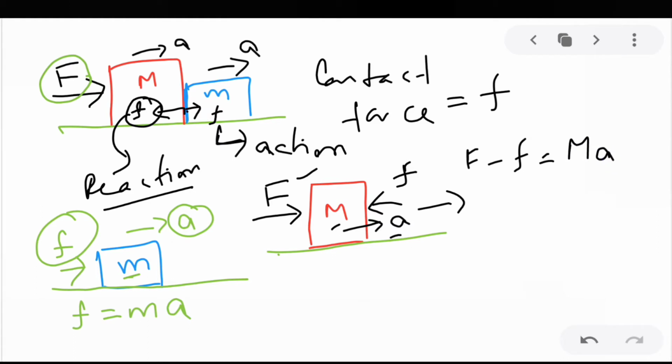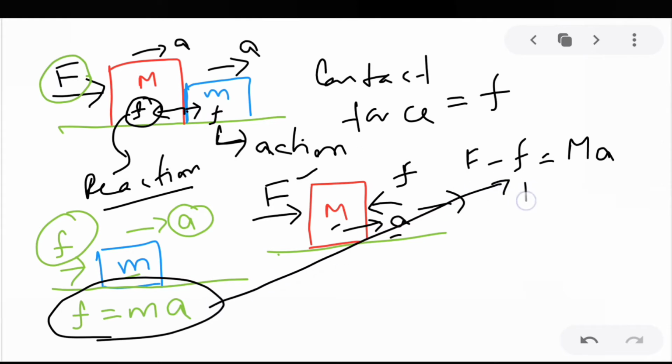Now what about this force? This force is f equal to ma. If we substitute this value over here, what do we get? F minus ma is equal to Ma.